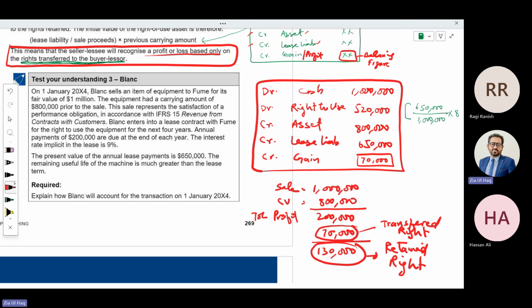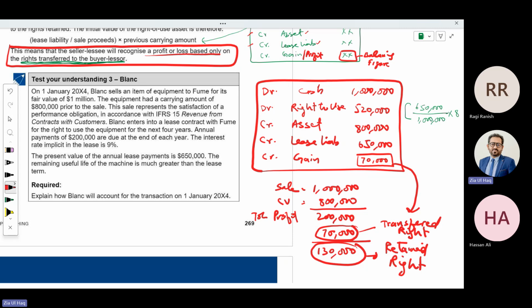It means we sold and then we got back the asset. We retained the asset, but through the sale we transferred our right a little bit, not in full. So in the case of sale and leaseback, what profit should we record in our financial statements relating to the right transferred? The profit part relating to the retained right of the asset will not be recorded in the financial statements. Through this accounting entry, the profit we are calculating is relating to the right transferred.